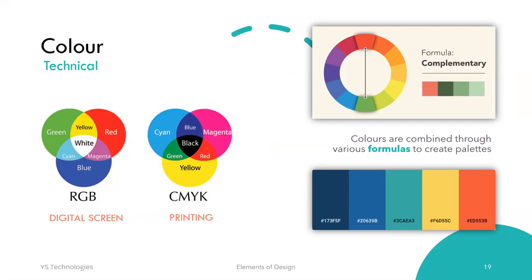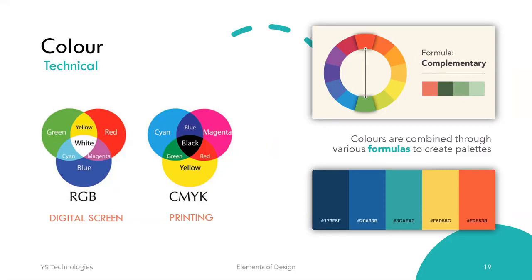Now, there are many formulas which can be used to generate palettes. A palette represents a combination of colors which create good interplay between them. At the top right, we see the complementary colors being used to create a palette.